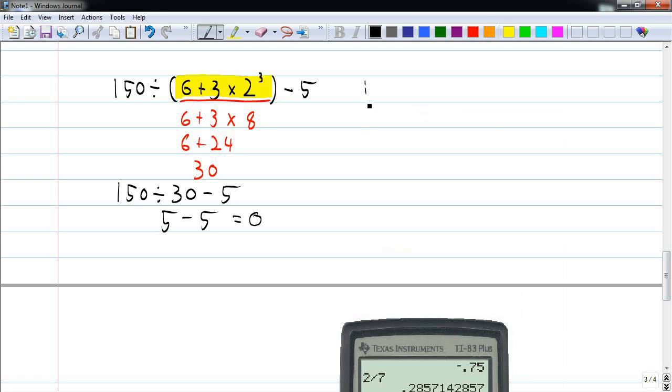However, I can use a fraction bar and write this same expression this way. And because of how it's written, it's implied that this has to happen first. These are called implied parentheses.